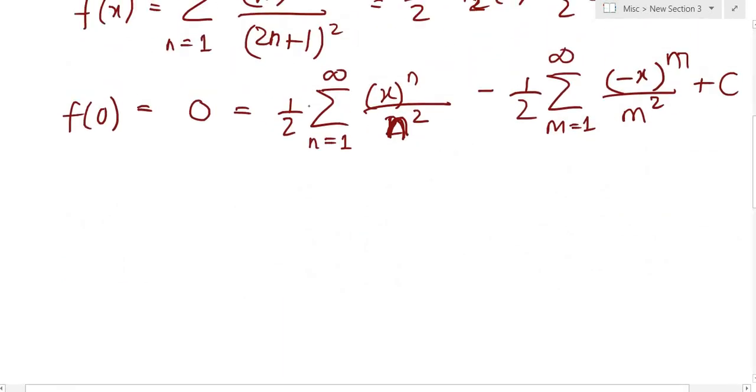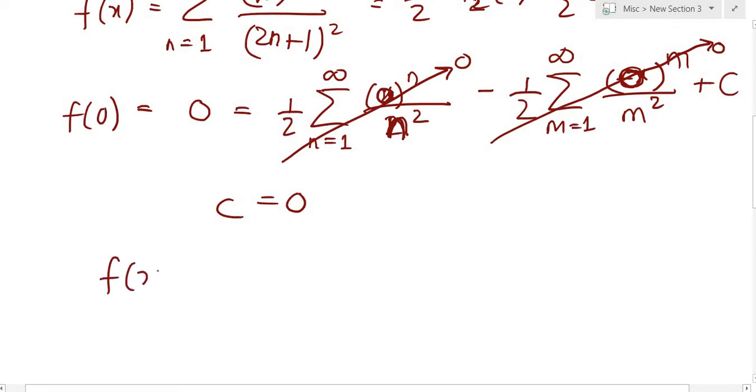Well, now instead of this x, f of 0, right, so instead of x we can plug in this 0. Same thing here, because by virtue of the 0, this thing goes away to 0, this thing goes away to 0, and basically you're left with c is equal to 0.